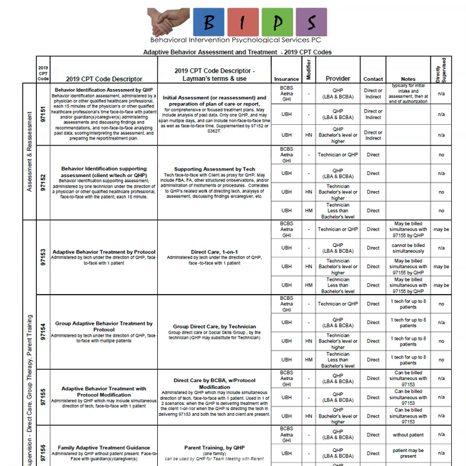Now looking at it with UBH, there's a slight differentiation. It's still direct care one-on-one, but there are three different options with UBH. One is when it's provided by the QHP. One is when it's provided by a technician who has a bachelor's level or higher degree. And another is by a technician who has less than a bachelor's level. Okay? So in those cases, you can see the notes are a little bit more clear here because they've broken them out.